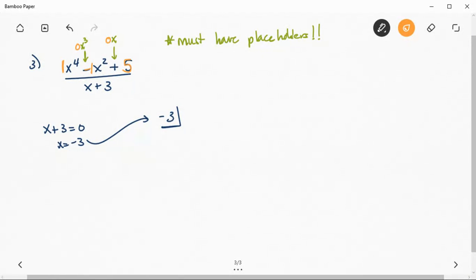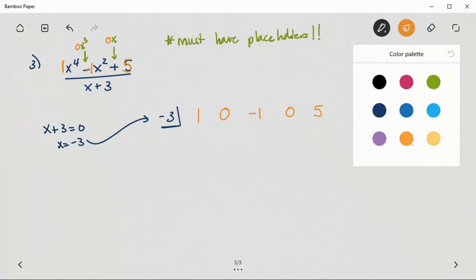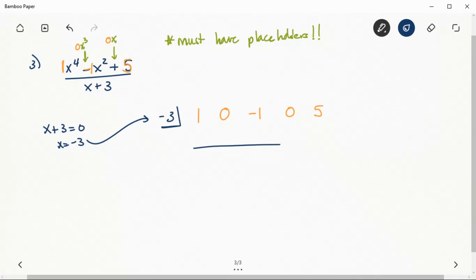So we do have 5 terms, coefficients for this: 1, 0, -1, 0, and 5. You do have to have those zeros in there or your division will not be correct.